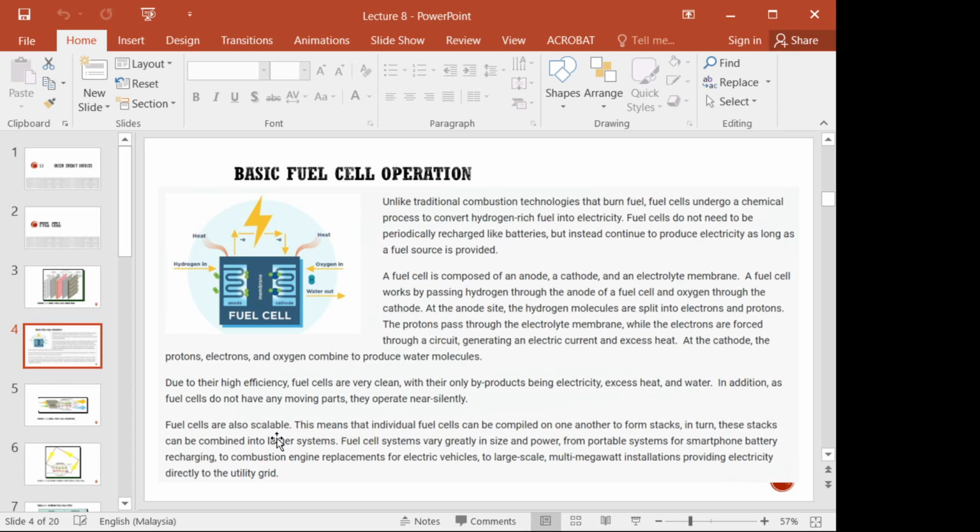Fuel cell is also scalable, and it can be stacked on one another to produce larger fuel cells for larger systems. It's just that the electricity that is generated from the fuel cell needs to be stored in a battery, and this will incur high costs for fuel cell despite its high efficiency.